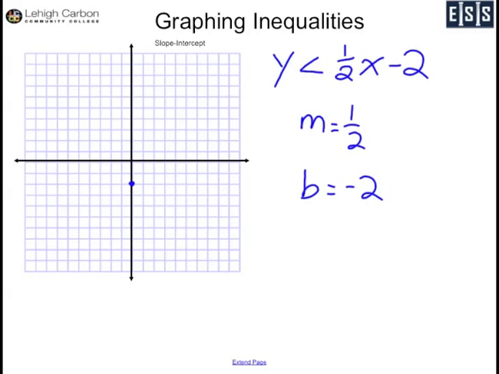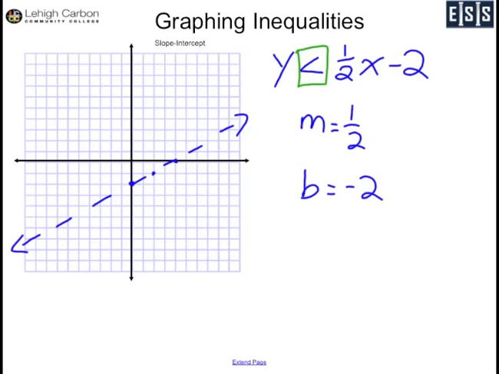My slope says rise 1, run 2. Again, if I look at my inequality, it's less than. There's no extra line underneath. This is again going to be a dashed line. So I'm going to draw my dashed line.